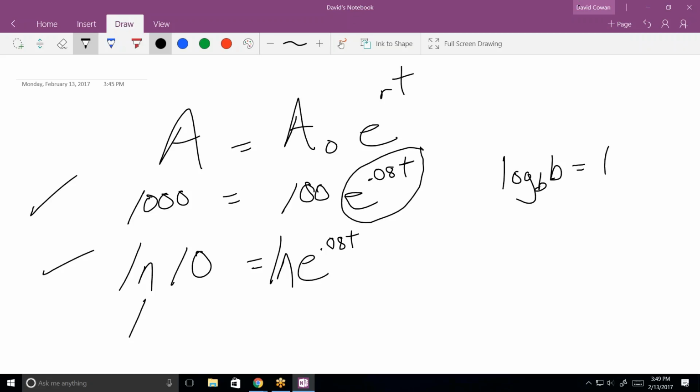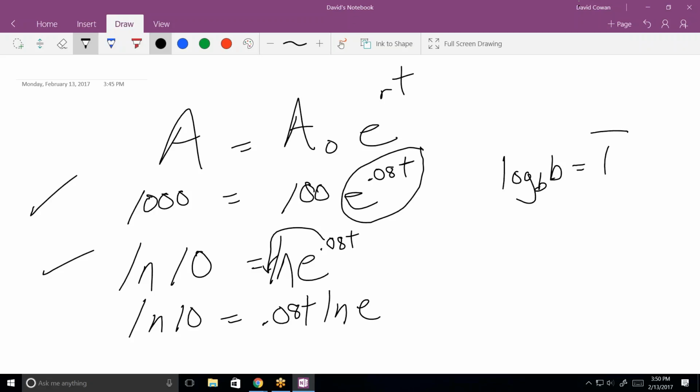I'm now going to have natural log of 10 equals 0.08t, that exponent, which I'm now bringing down in front, times natural log of e. Well, what's the natural log of e equal to?